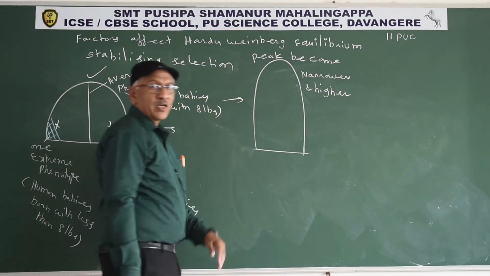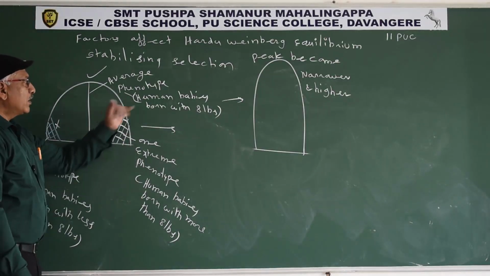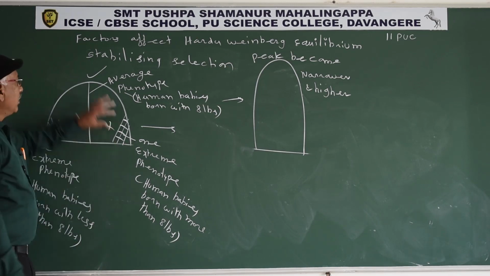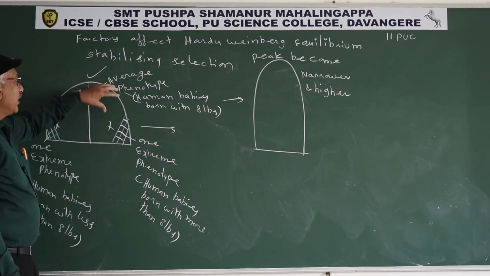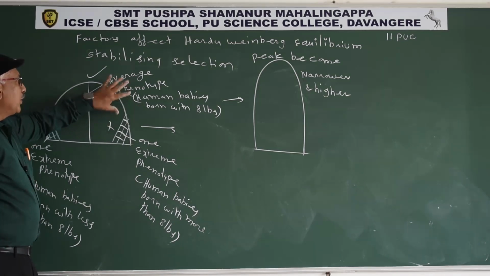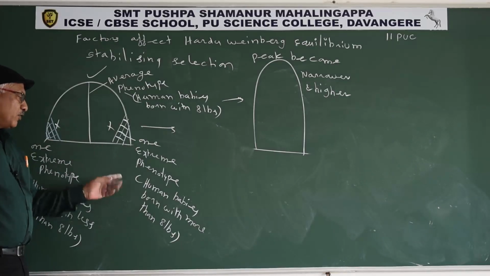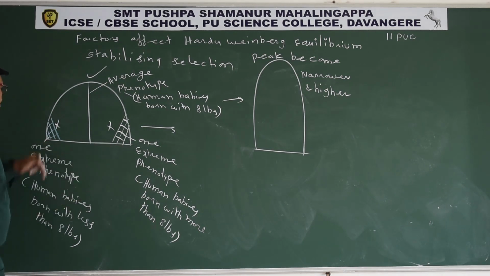Eliminate the extreme phenotypes. Example, in England, birth weights of human babies were estimated on a large scale. Most human babies are born with 8 pounds, so that is the average phenotype. So nature selects the human babies born with 8 pounds. Babies born with more than 8 pounds are one extreme phenotype. Babies born with less than 8 pounds are another extreme phenotype.